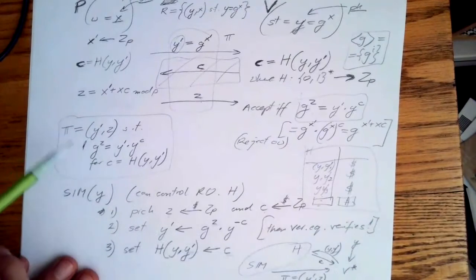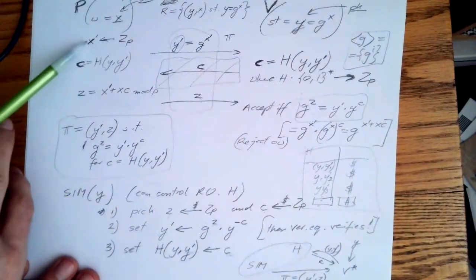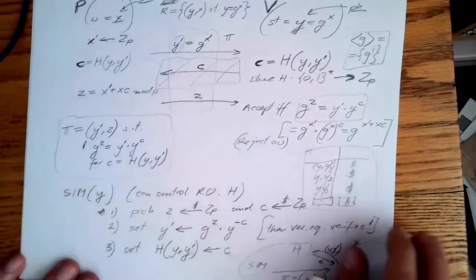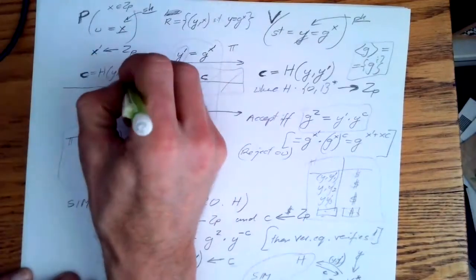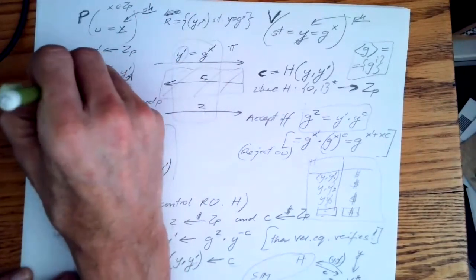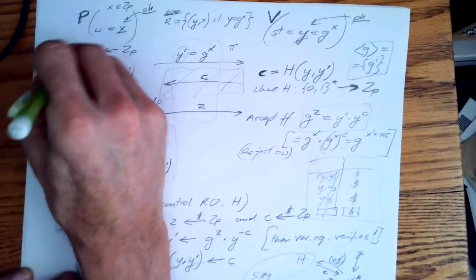And they are rather efficient because signing, okay, how do I actually convert this to a signature scheme? It's very simple. I add the message M to the hash.